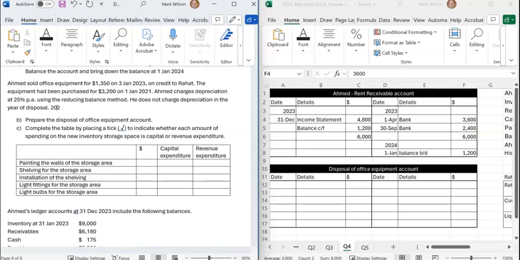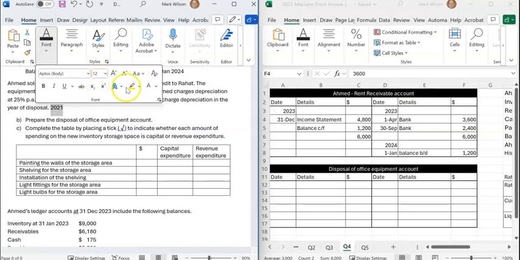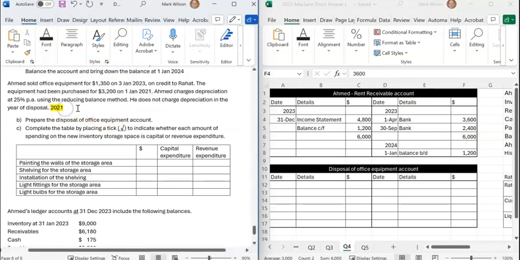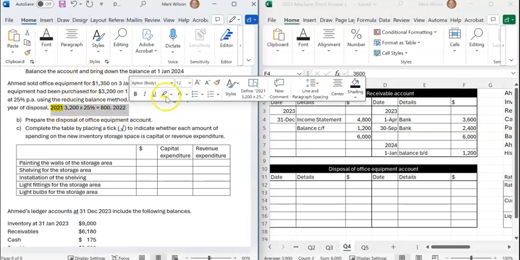So in the first year, 2021, I'll get you to write this on the paper. I'll just highlight it so you do. In 2021, we're going to go 3,200 times 25%. And that means the depreciation for that year is, we do that in a calculator, but you should come up with $800. In 2022, it's reducing balance.